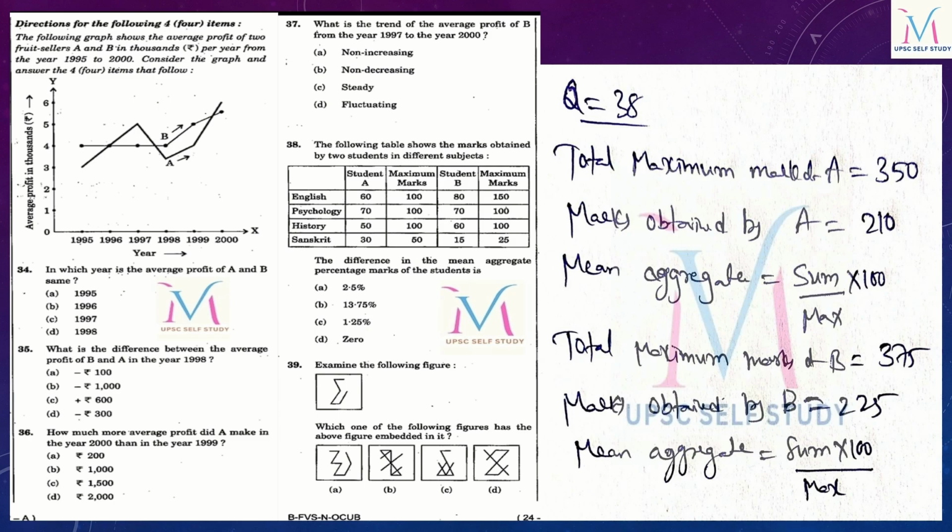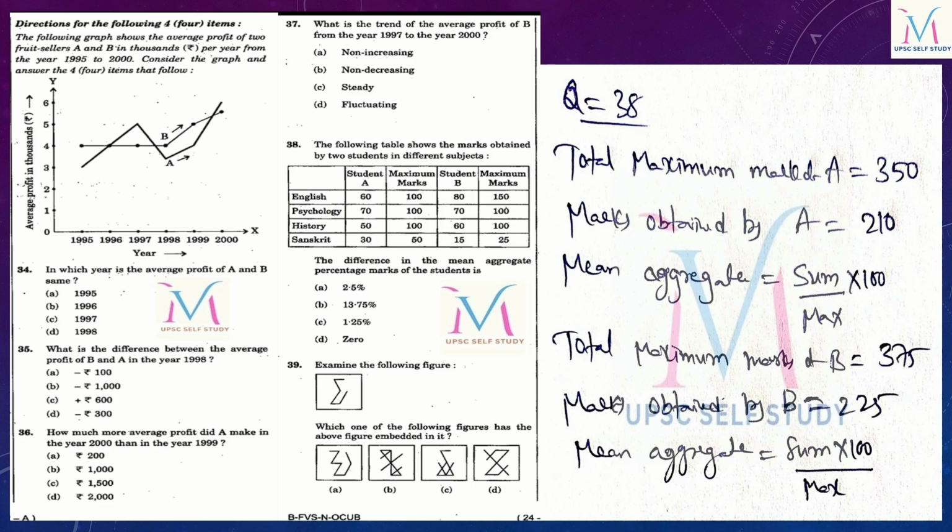Coming back to the 34th question, questions 34, 35, 36, 37 are related to the graph. If you clearly observe the graph, it has an x-axis and y-axis. I'll first read the graph. The following graph shows the average profit of two fruit sellers A and B in thousands per year from 1995 to 2000.